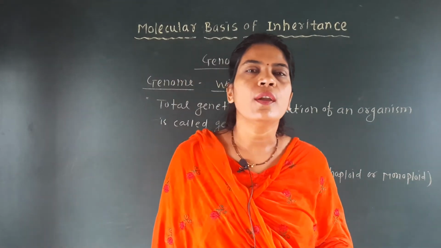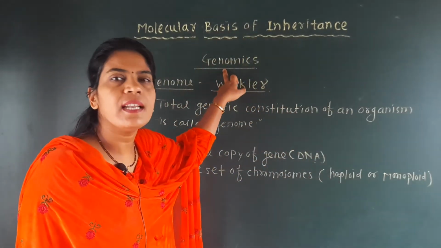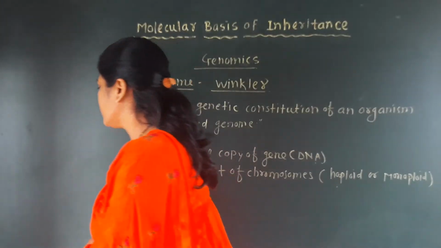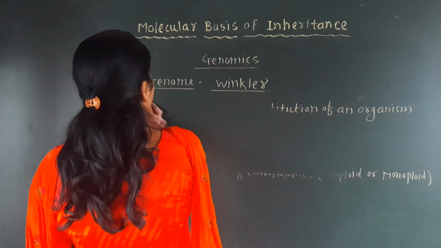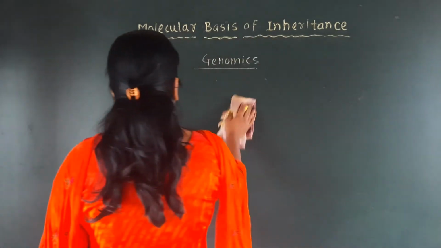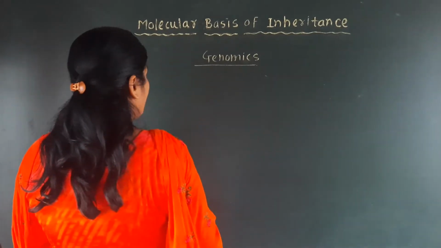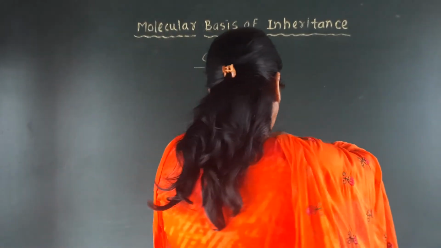Now we'll see what is meant by genomics. The point is given here, genomics. So next to the genome, we have to see the definition of this genomics. After the genome, genomics states that, see here, this term genomics was coined by the scientist Roderick.